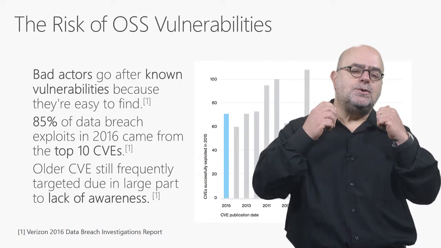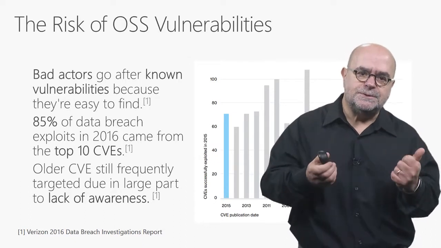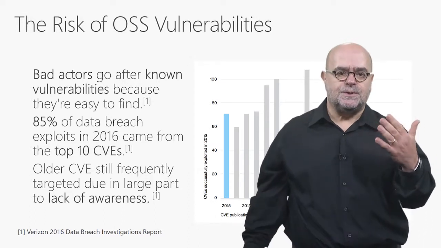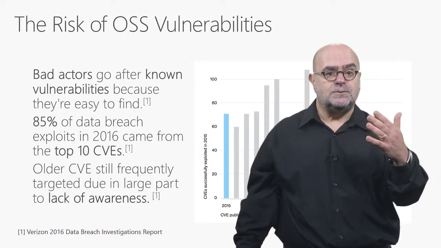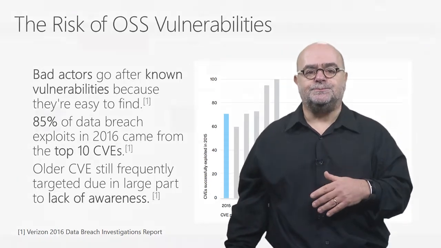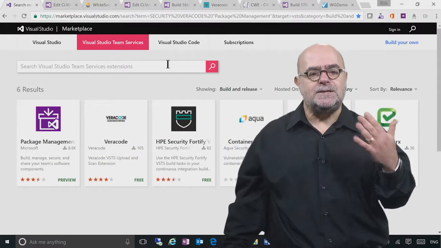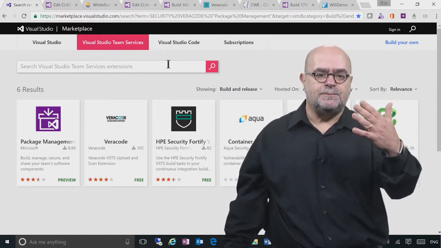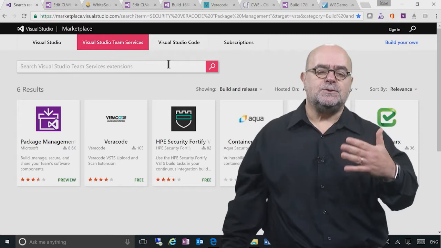So you need to be careful with open source. You need to scan for any components you're reusing, and you need to know what you might be exposing yourself to. So let's take a look at how you can do that in your CI pipeline with one of our partners, WhiteSource.